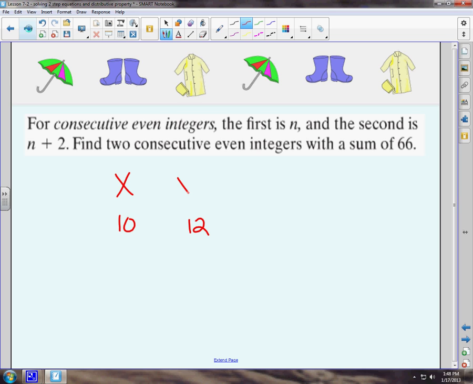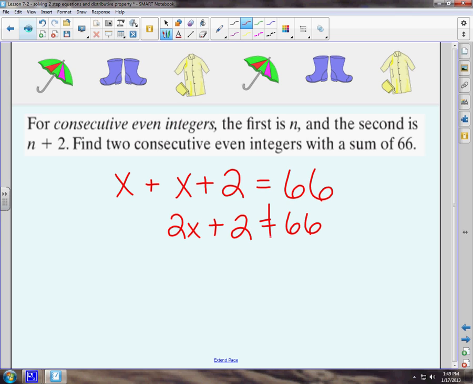And I would write that x plus 2 because it would be 10. That's my x. And then I'd add 2 and that would give me 12. So that's what they mean by x and x plus 2. These are consecutive even integers, and I want it to equal 66. So x plus x is 2x plus 2 equals 66.